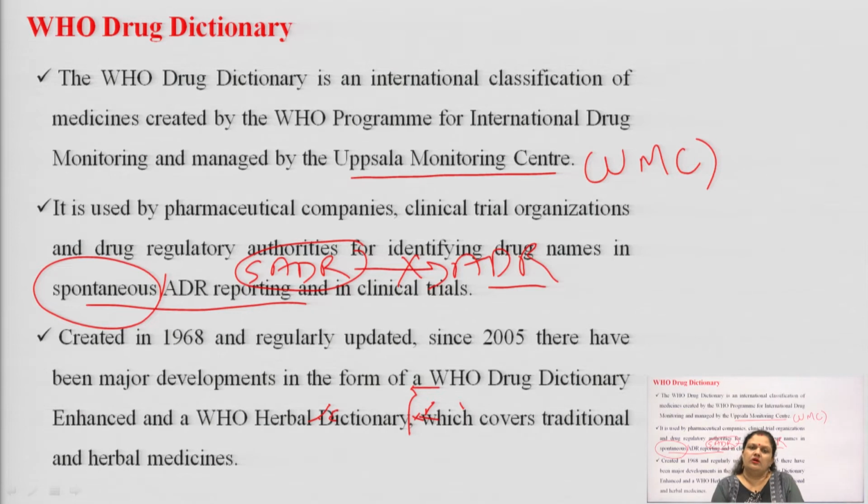Clinical trial, you all know, again deals with drug consumption to check the efficacy, safety and risk profiling of the drug when we are dealing with healthy as well as ill volunteers in the trials. So, the WHO drug dictionary was created in the year 1968.